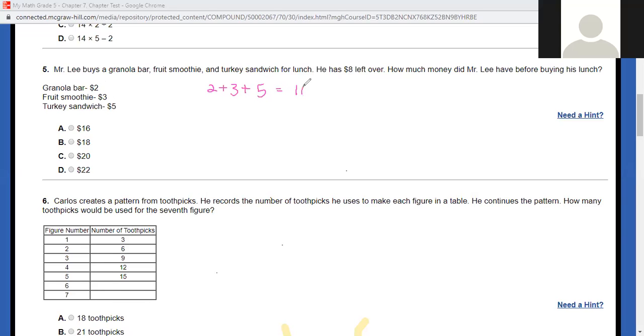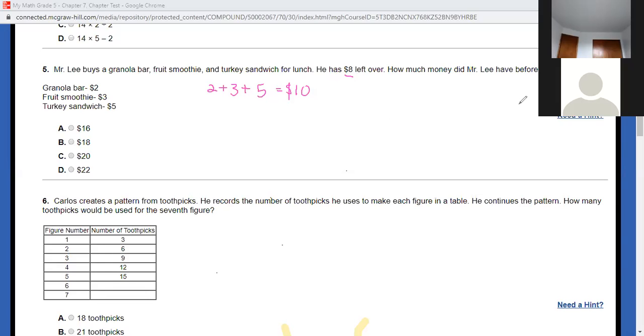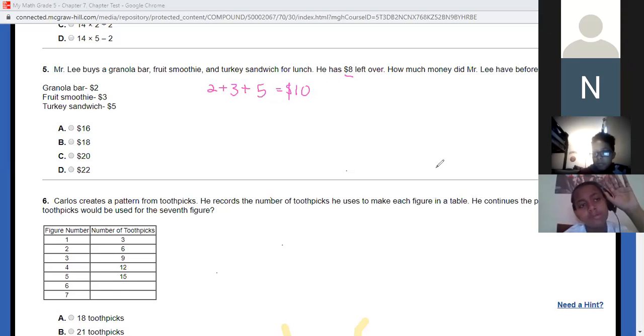10. Yes, good job. All right, so he spent $10, but when he gave the money and got his change back, he had 8 left over. So, Stayla, if you want to keep answering this, you totally can, but if you want someone else to do it, that's fine too, because there are a lot of people in class. But so he spent $10 and got $8 back.